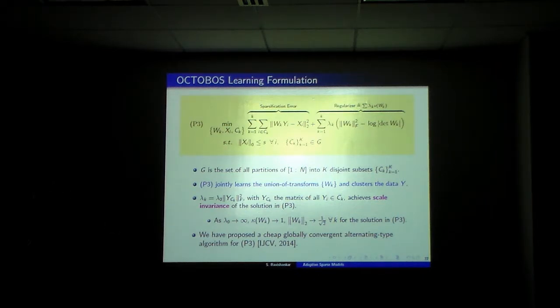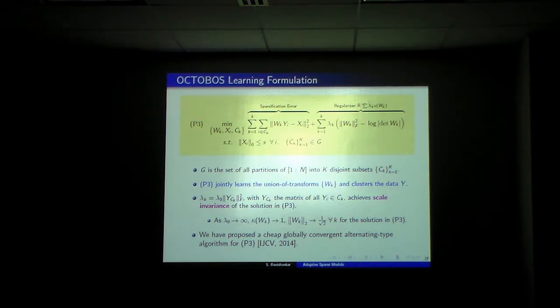So you have a sparsification error term and a regularizer involving the log determinants and so on. But instead of having a single sparsification term for all the signals, you have the cost function divided into components for different classes. C_k here contains the indices of the signals for the kth class.